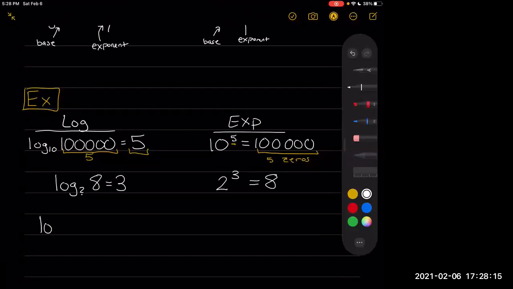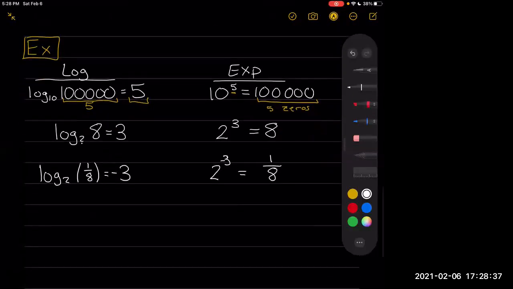Similarly, log 2 of 1/8 gives us -3, because 2 to the -3rd power gives us 1/8. And remember, 2 to a negative power is similar to having 1/2 raised to the 3rd power, which we do know equals 1/8.